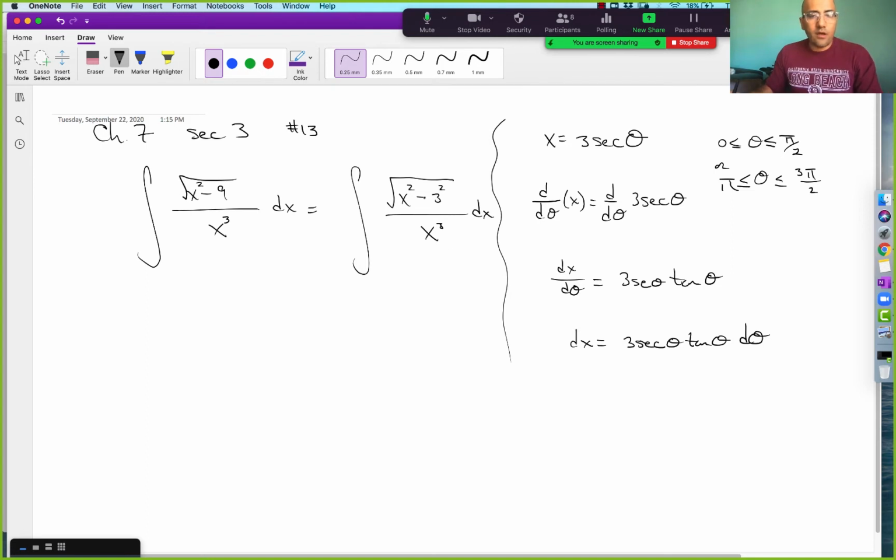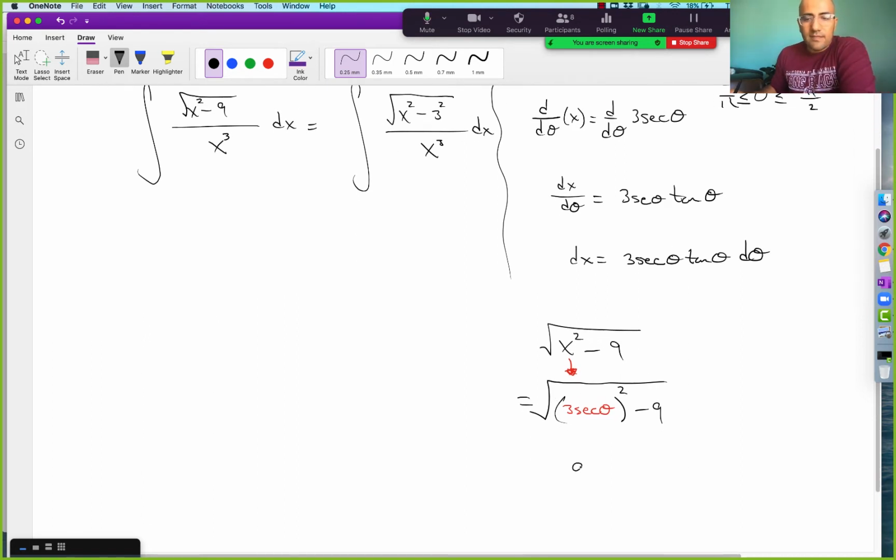We can focus on just the numerator for a second. The numerator was x squared minus 9, and we substitute our newfound value of x, which becomes 3 secant of theta, all of that squared, minus 9, and we have the square root of that.